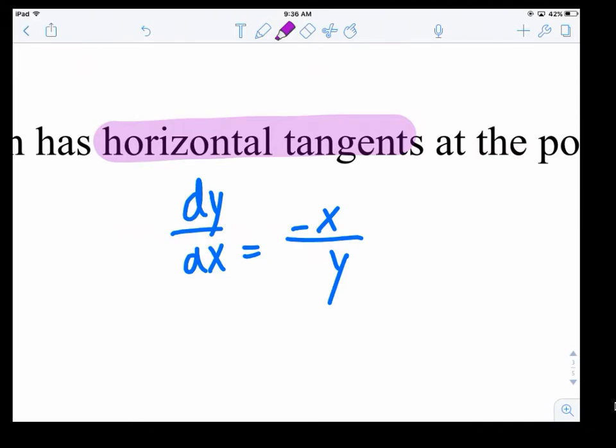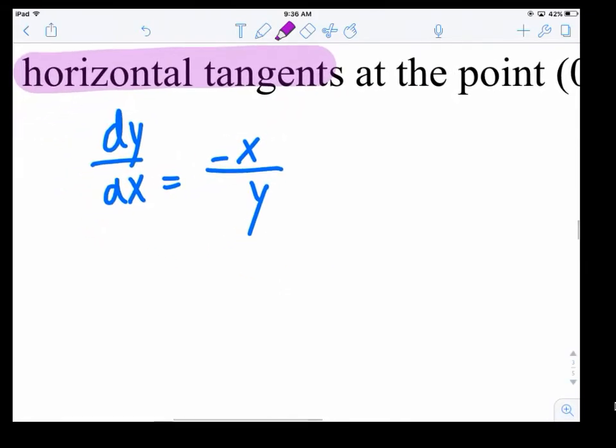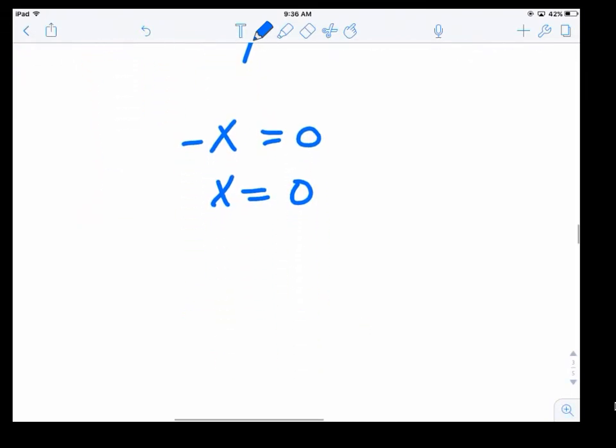The top part, right? So I need to set the top part equal to what? 0, right? So I want negative x equal to 0, so x has to be 0. So now you need to come up with the y values at that.